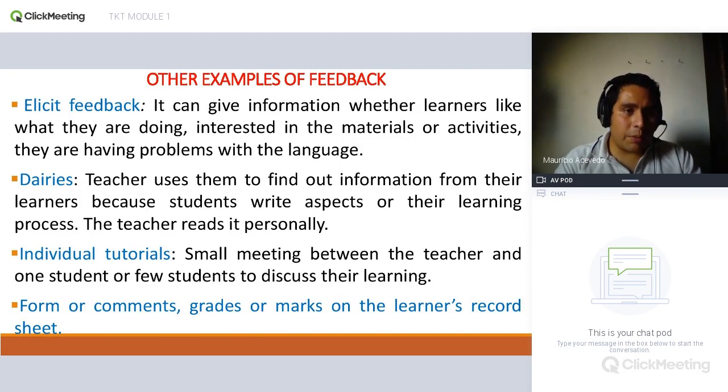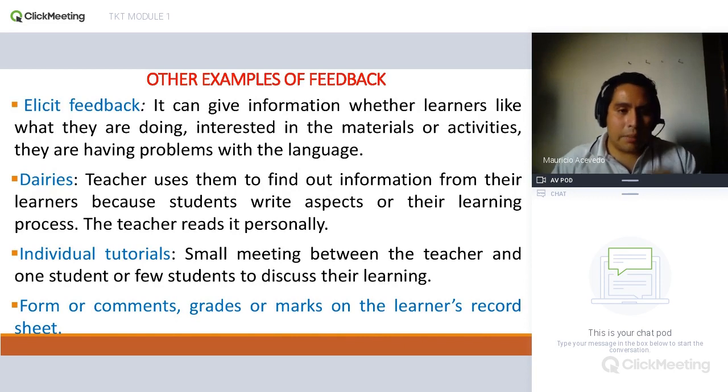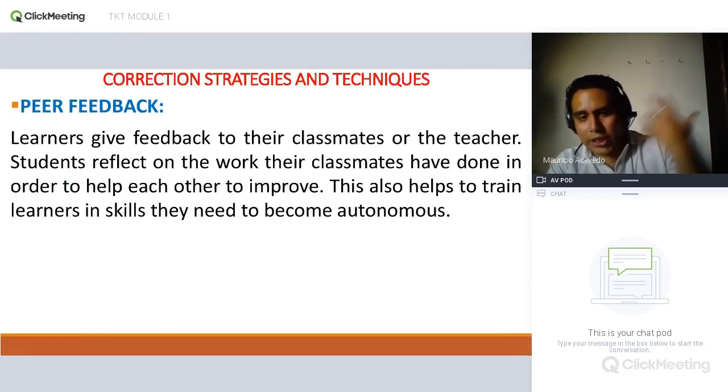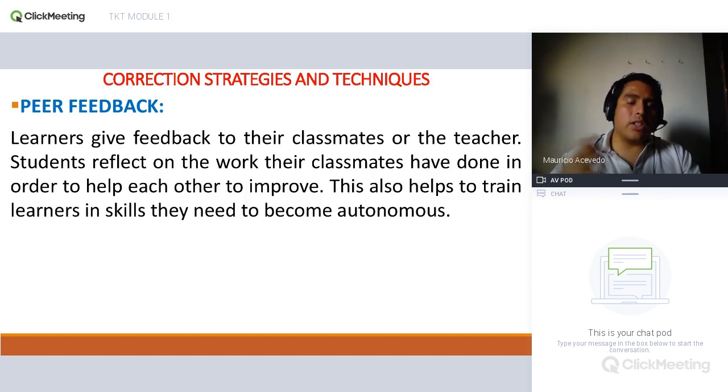We have also other kinds of feedback such as diaries, individual meetings, and writing some stuff in behavior sheets and so on. And although it is not very common, students can also give feedback.